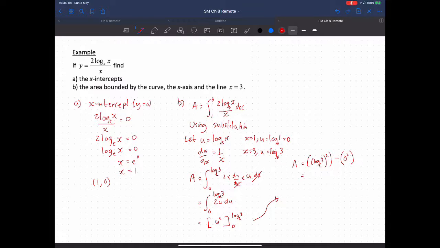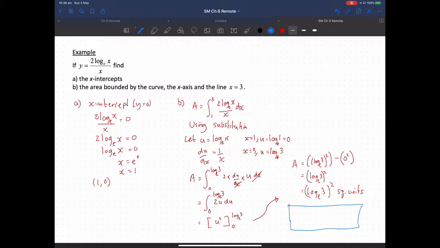Log e of 3, all squared, is our first bracket. Our second bracket is 0 squared. 0 squared is 0, so it has gone away. So my exact answer is going to be log e of 3, all squared, square units, because we are looking at an area.